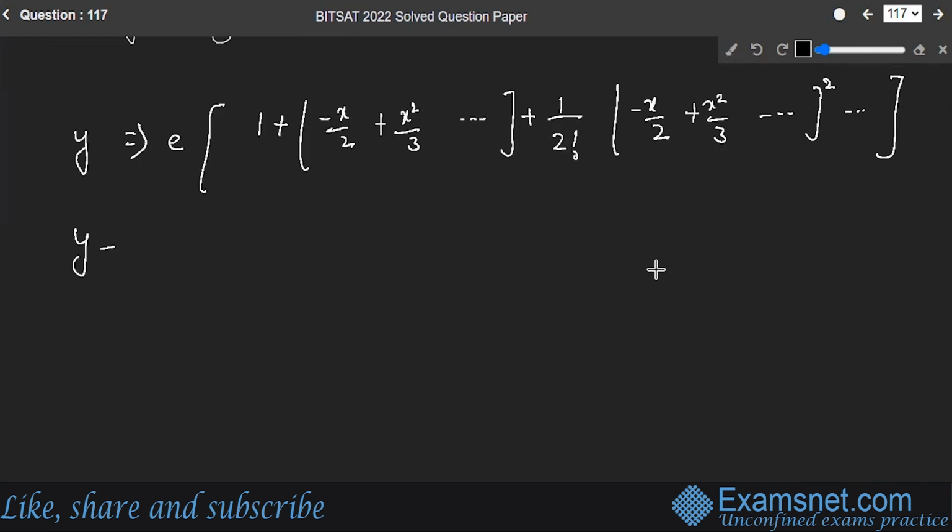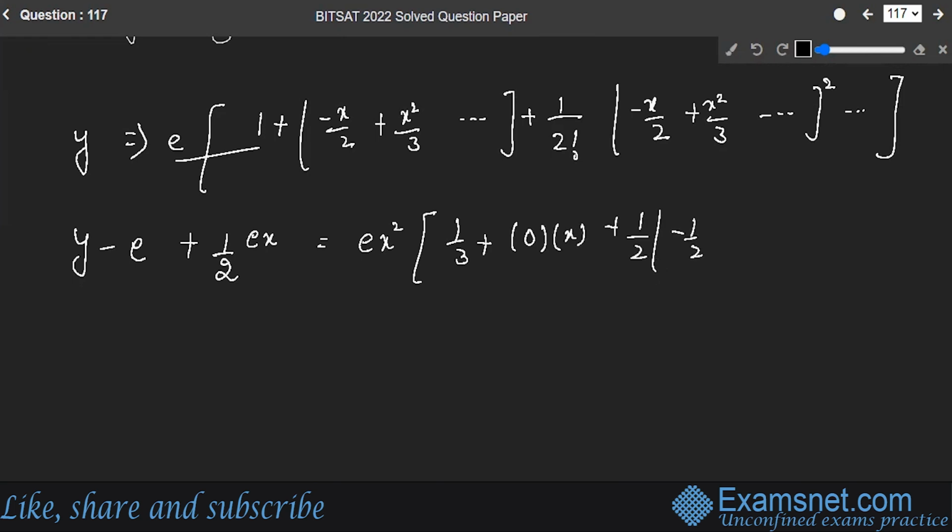So this can be written as y minus e, I'm taking on this side, plus 1 by 2 e x, because minus 1 by 2x I'm also taking this over here, into ex is equal to ex square 1 by 3 plus 0 into x plus 1 by 2 minus 1 by 2 plus 0 into x square plus so on.